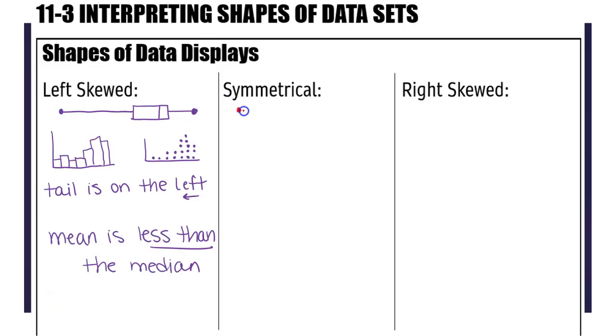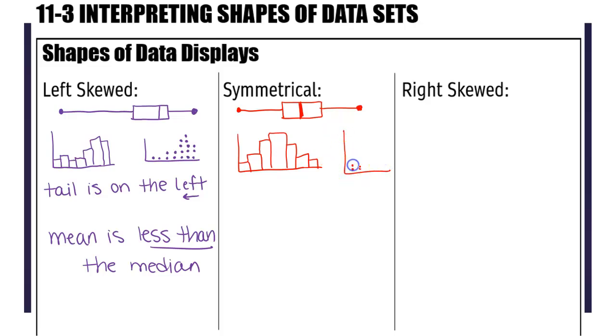Symmetrical data. Everything's going to look pretty balanced. Now, again, it's not going to be perfect. No data is perfect, but you'll notice that the whiskers on a box and whisker plot are pretty much the same length. The median line will be pretty close to being in the middle. On a histogram, you'll notice usually that the middle is higher and the outsides are smaller, so you get more of what we call a bell-shaped curve.